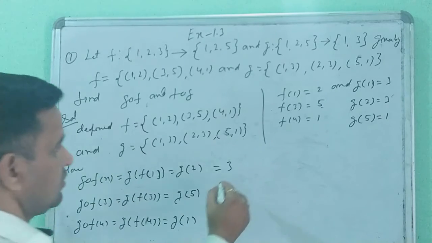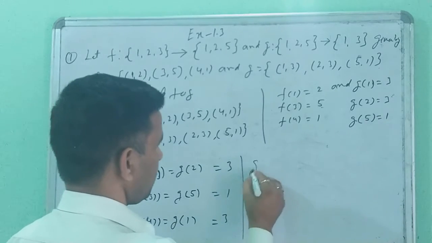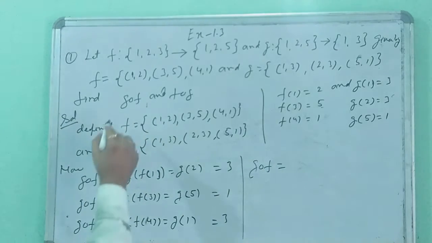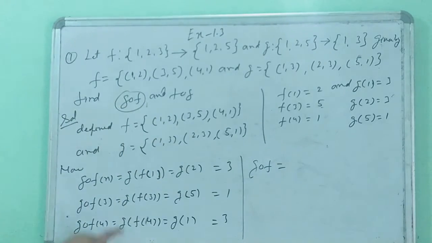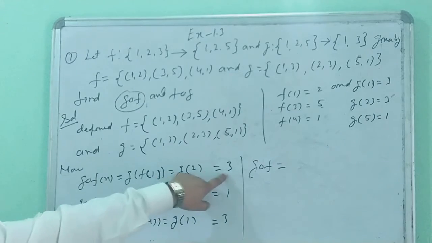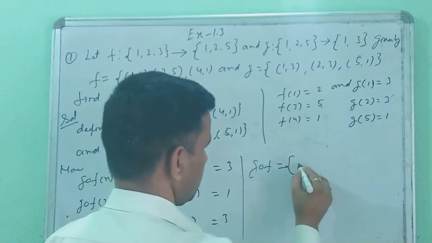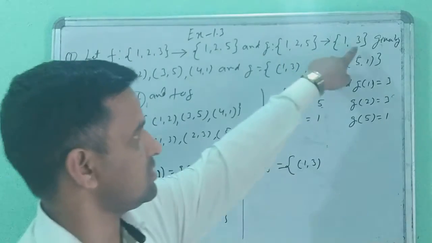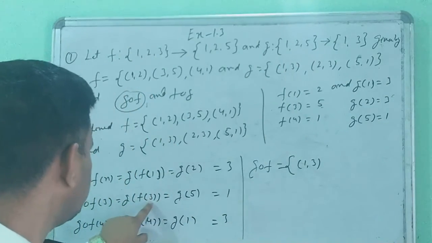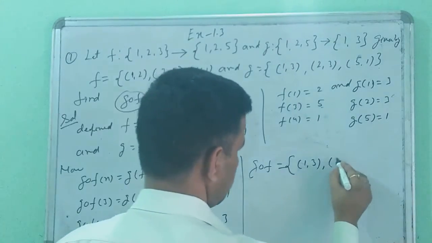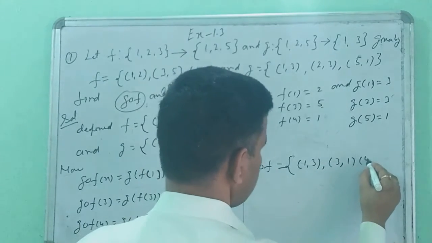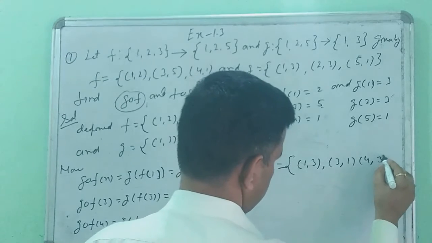It means your answer gof equals: 1 has the relation 3, 3 has the relation 1, and 4 has the relation 3.